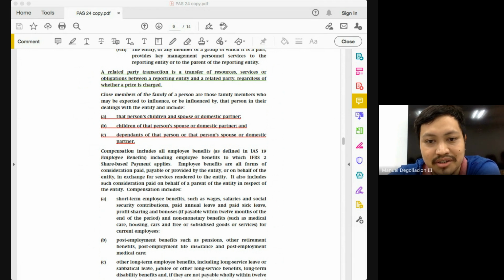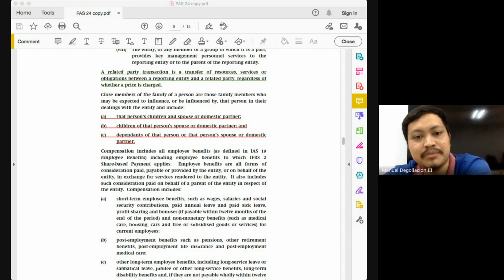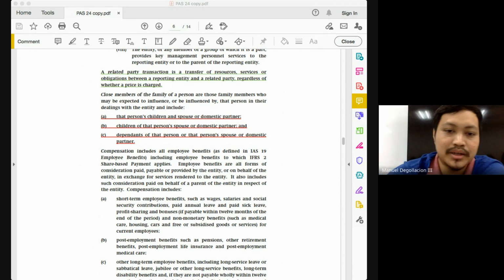The person's children and spouse or domestic partner, children of that person's spouse or domestic partner. What scenario is being contemplated here? That the children of that spouse is not the children of that person, a stepchildren, dependents of that person or that person's spouse or domestic partner. So this shouldn't be difficult for you to remember, but again, it's very easy for us to visualize how this can be asked as a multiple choice question.